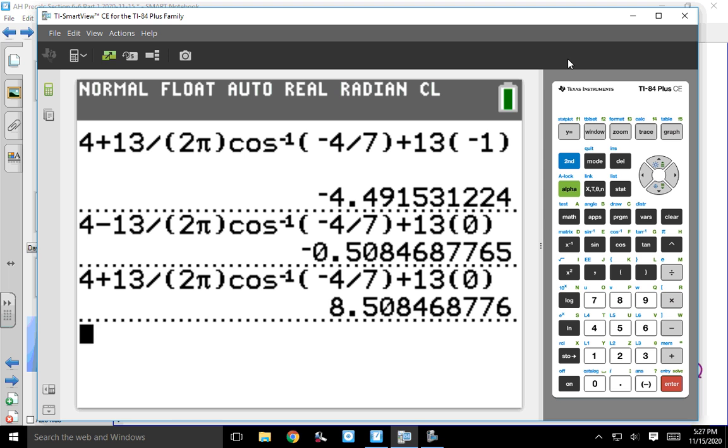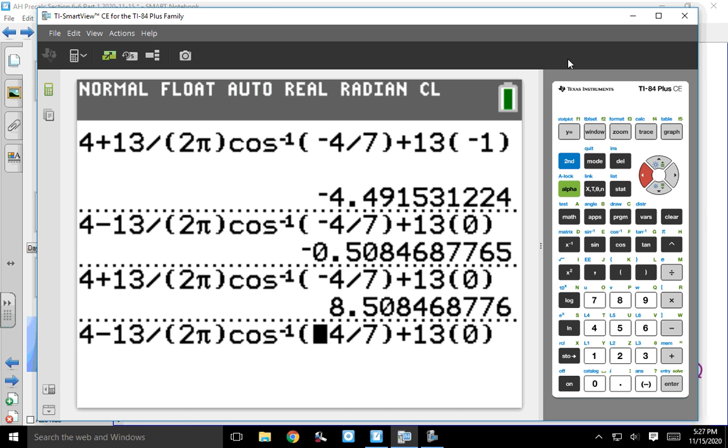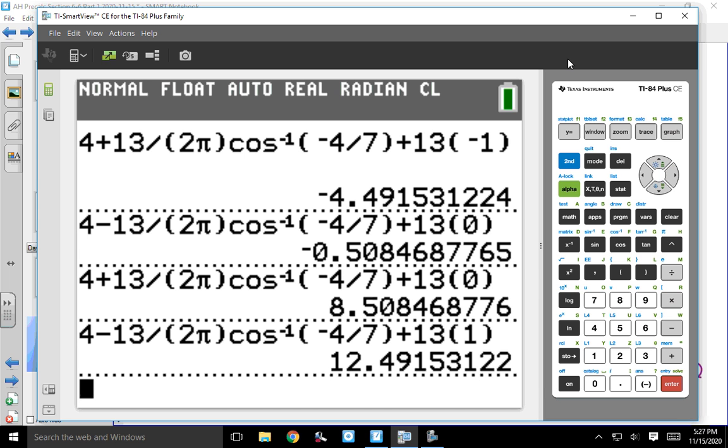There, we got it. And the next one should have been around 12.5. And so that's using the subtraction, or the opposite of cosine inverse, with n equal to 1. And that's 12.5. And we can go ahead and get the last couple here.